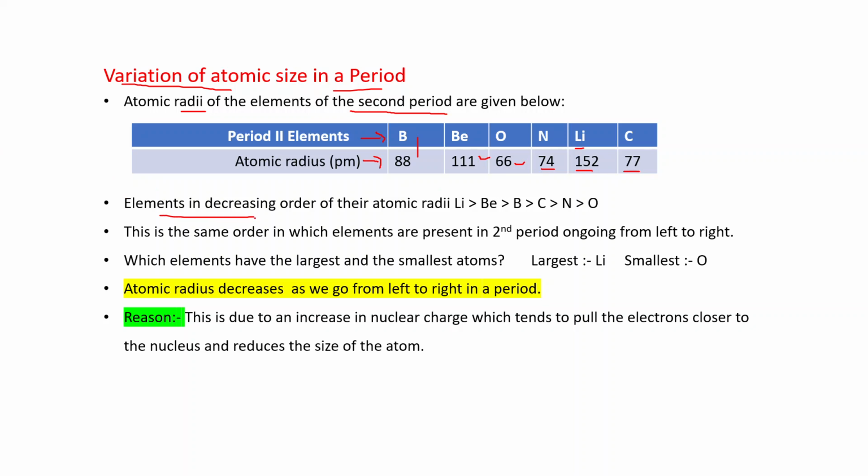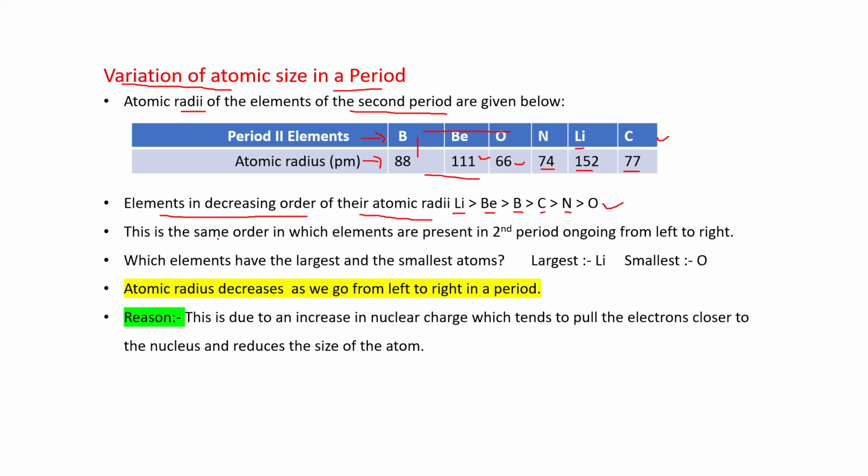Now, arrange the elements in decreasing order of their atomic radii. You can say lithium is maximum, and then beryllium is lesser, then boron, carbon, nitrogen, and oxygen is the smallest among these elements.